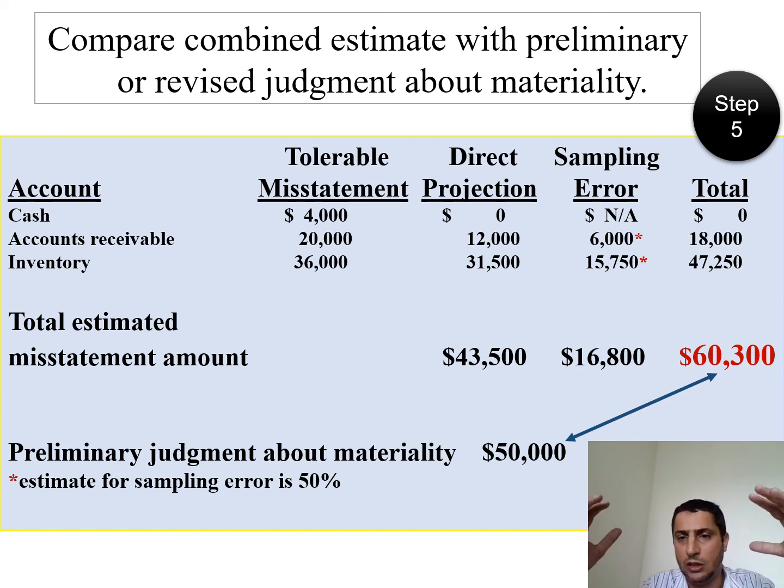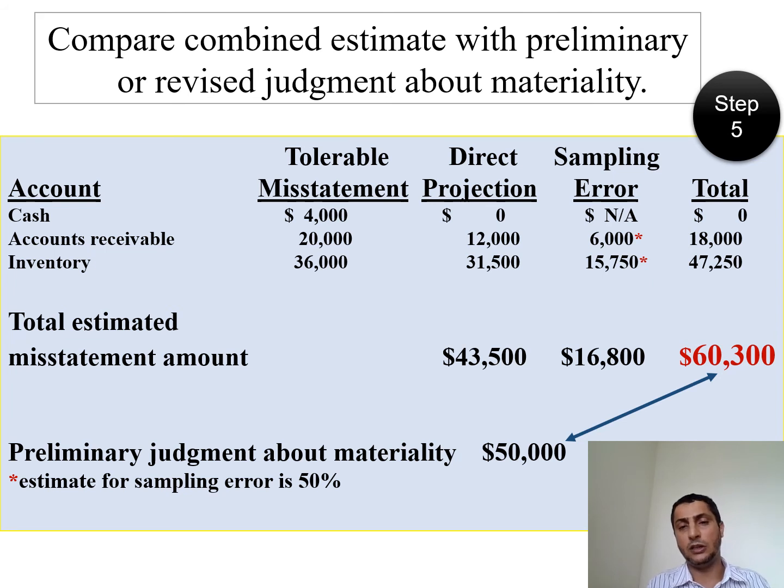We need to follow the 5 steps for applying the materiality threshold. First, we need to set up the preliminary judgment at the financial statement level. Then we allocate this preliminary judgment into tolerable misstatement based on the segment and the account balances.